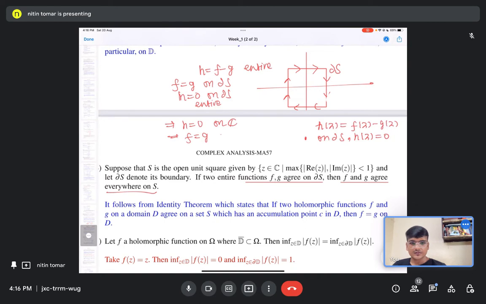Now if they agree on the square, by identity theorem h(z) will be 0 everywhere on C. Now you just plug back the values. What was h(z)? h(z) was f(z) minus g(z). So this implies f(z) minus g(z) is 0 on C. So which means f(z) equal to g(z) on C, therefore in particular on S. Is this clear now?